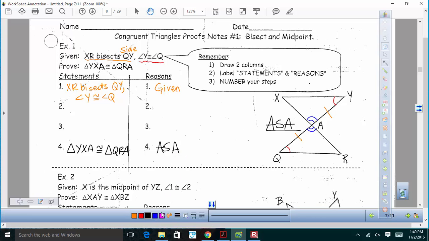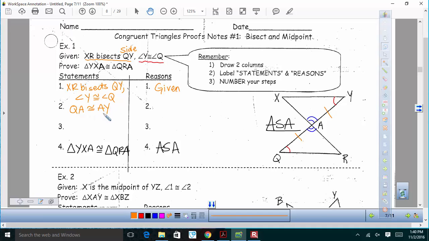Now I just have to go back and fill in my steps. Okay? So in the given, we have that something is implied here. When XR bisected QY, it told us that QA and AY were congruent. Since that's implied, we have to write it down. QA is congruent to AY.